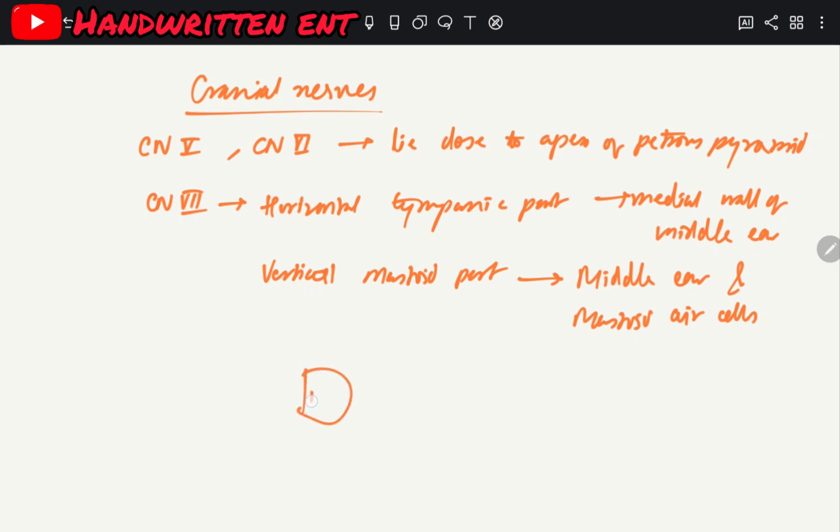Suppose this is the middle ear, these are the mastoid air cells. So the vertical mastoid part of the facial nerve runs between them. So this is the facial nerve, the mastoid part.